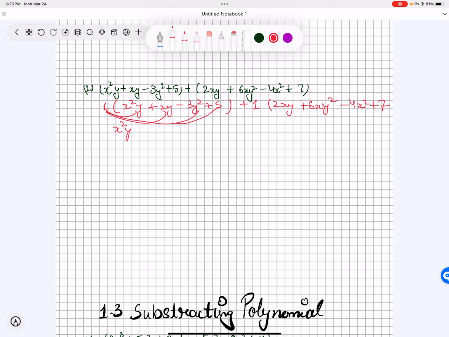So we get plus xy minus 3y squared plus 5 plus 2xy plus 6xy squared minus 4x squared plus 7.